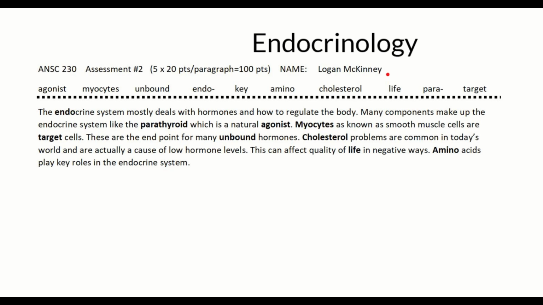Life, well, in the videos or the reading or both, it had something about the half-life of hormones, how long they live. So you would put HALF in front of life, half-life. You could say half, HALF hyphen life. Para could be a name meaning nearby, next to.